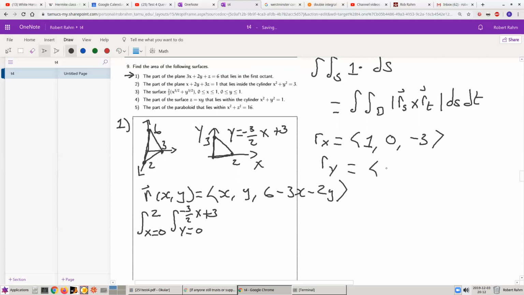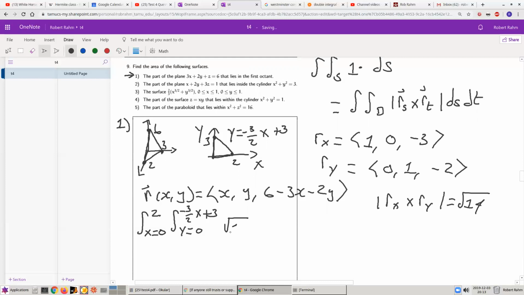Ry is equal to (0, 1, -2). I'll let you compute this to show that Rx cross Ry is equal to (3, 2, 1). And the magnitude of Rx cross Ry is the square root of 14. That's what we're integrating.